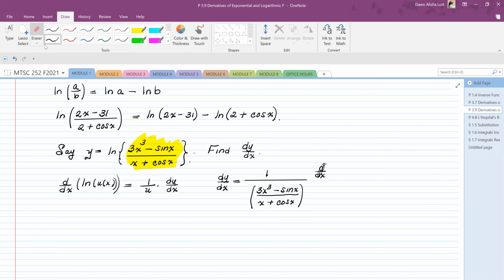Oh boy. So then I would have the derivative of the top, 9x squared minus cosine x, times x plus cosine x, minus, and this is very long.